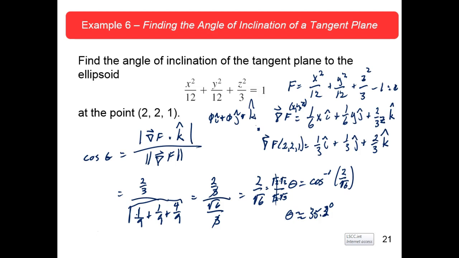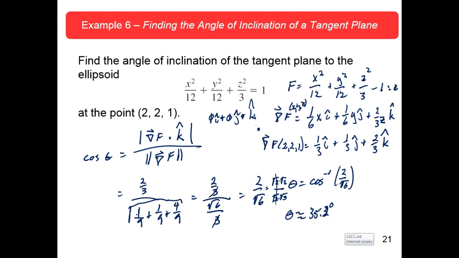They just plugged in 2, 2, 1. It's interesting how that comes out. It's 1/3 i, 1/3 j, and 1/3 k, so it's not very far on the i, j, and 2/3 k more up. That looks like it's way too big a k for what they have for x and y, but we'll take their word for it.